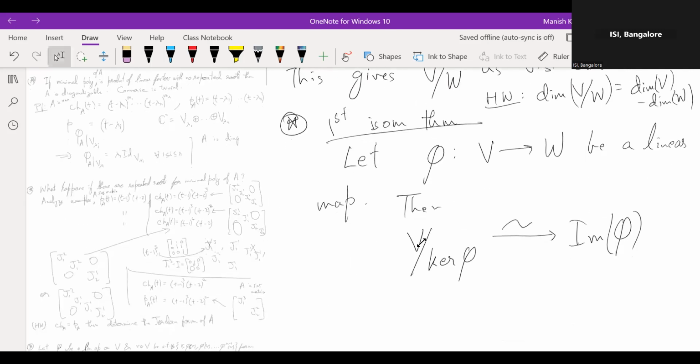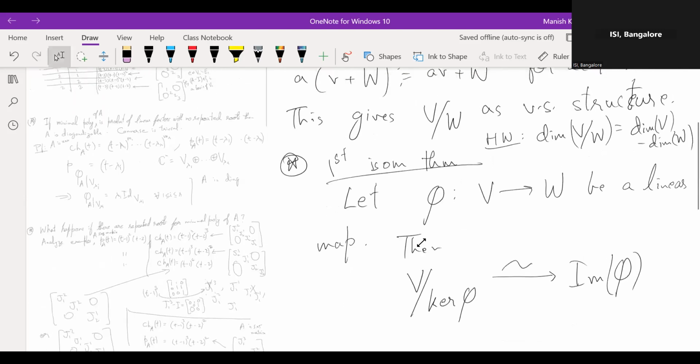So from that theorem, we know that any two vector spaces of the same dimension are isomorphic, right? So V mod kernel phi has the same dimension. We know that the dimension of V is the same as the dimension of kernel phi plus the dimension of image phi. So that tells you V mod kernel phi has dimension of V minus dimension of kernel phi, which is the same as the dimension of image phi. Yeah. So they have the same dimension, then they are of course isomorphic.